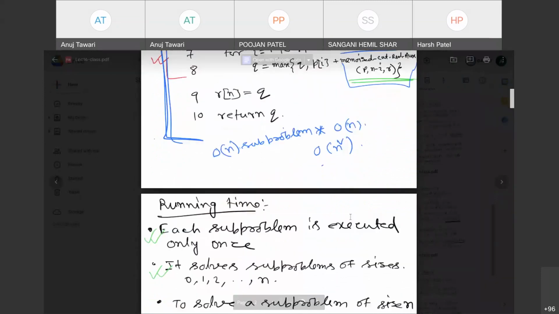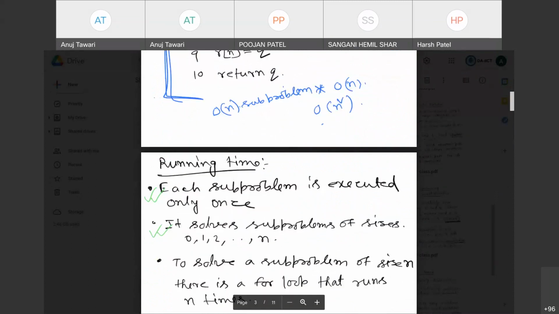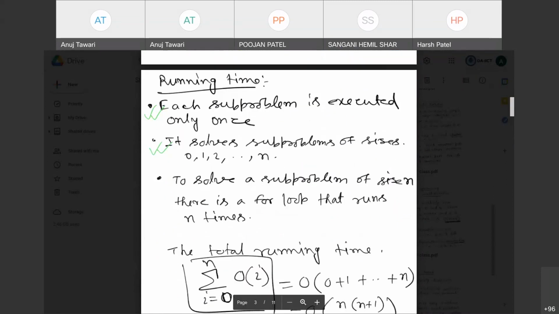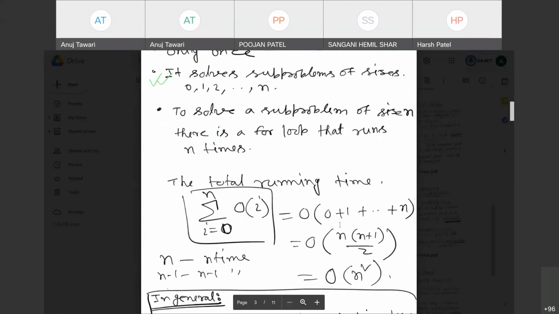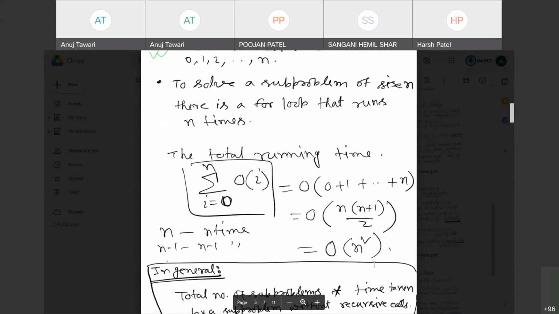So each subproblem is executed only once. It solves subproblems of different sizes, and that's the way we do it. Total running time will be the sum for i from 0 to n of big O of i. This is well known to you, just add numbers from 1 to n, big O of n squared.